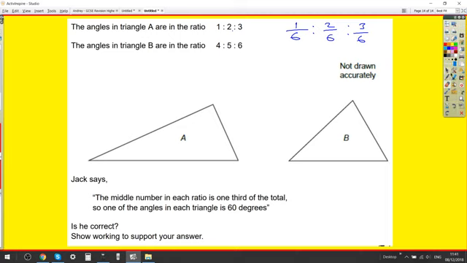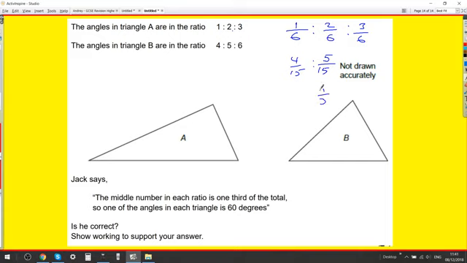How about the second set of numbers? So the total is 15. Mm-hmm. So it'd be 4/15, 5/15, 6/15. And it is 1/3 again. And so one of the angles in each triangle is 60 degrees.